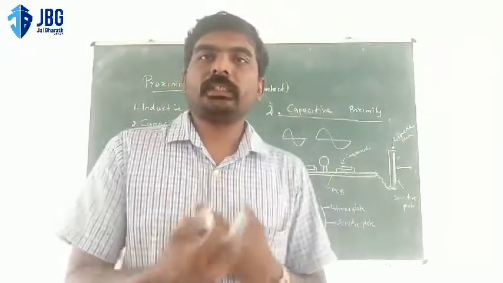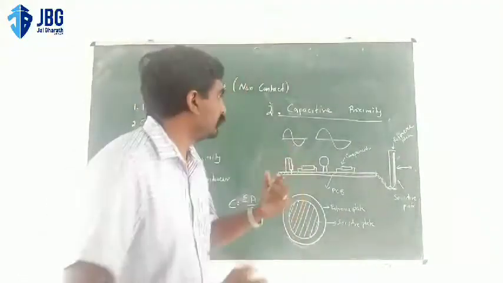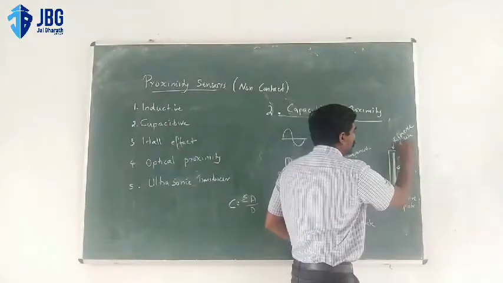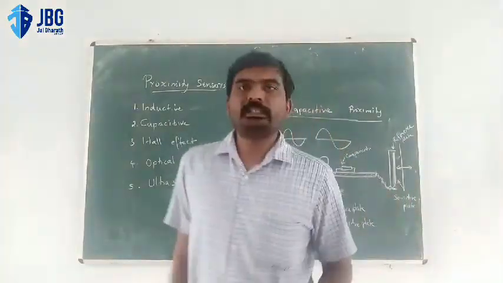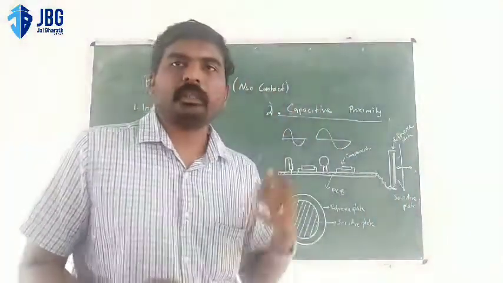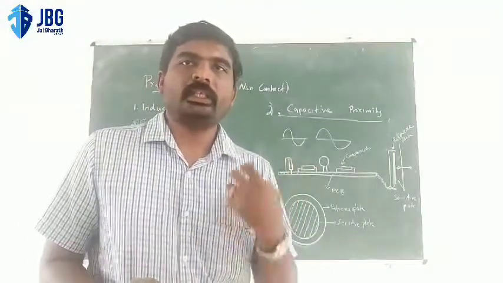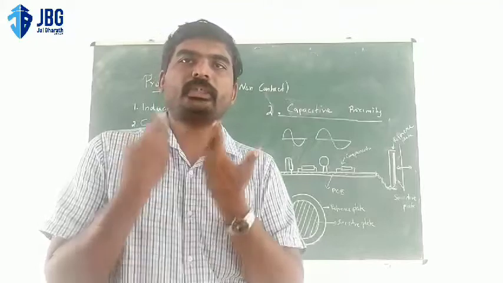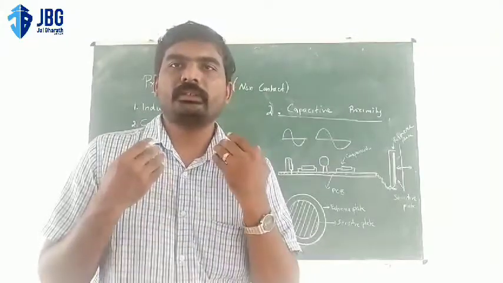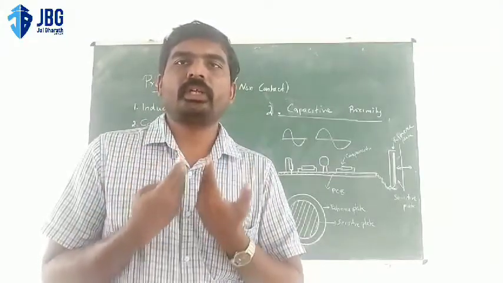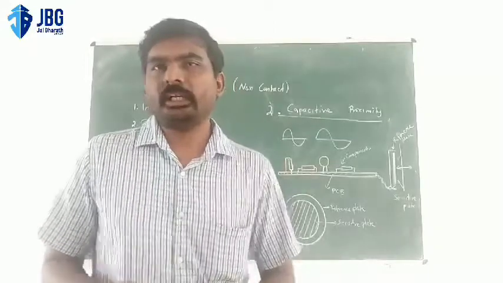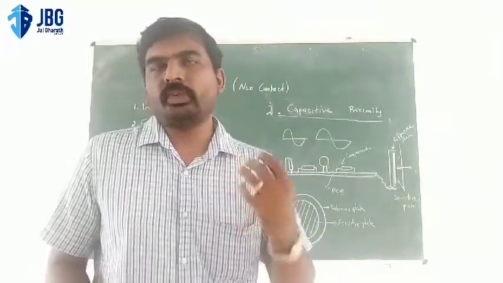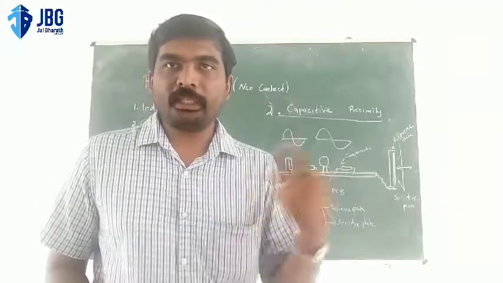The sensitivity of the sensor is larger when it is in close contact with the target. When it is in close contact with the target, the sensitivity increases, and it also varies with different materials.